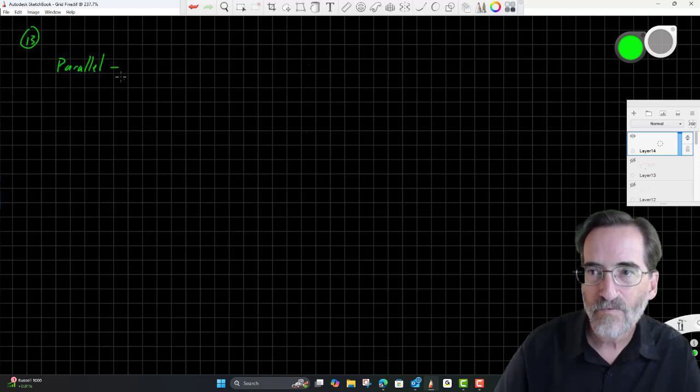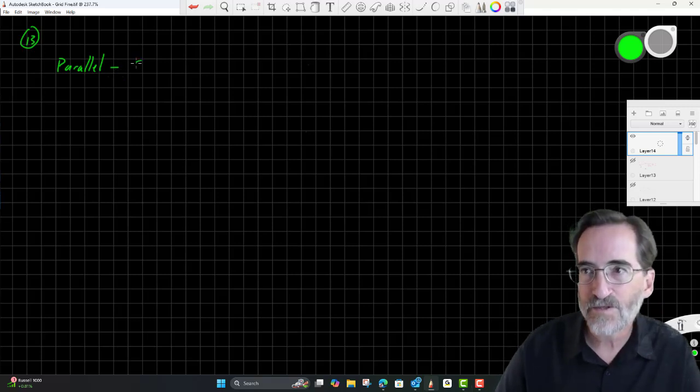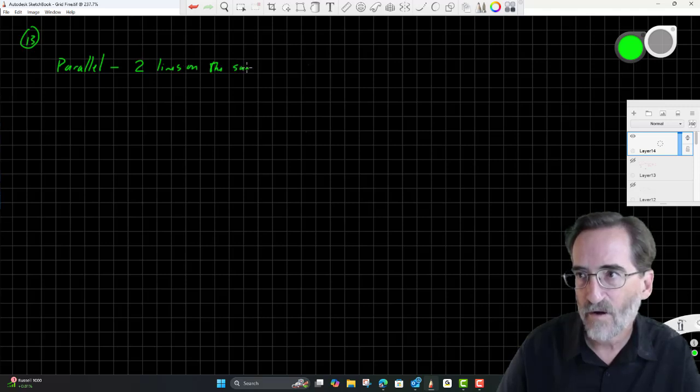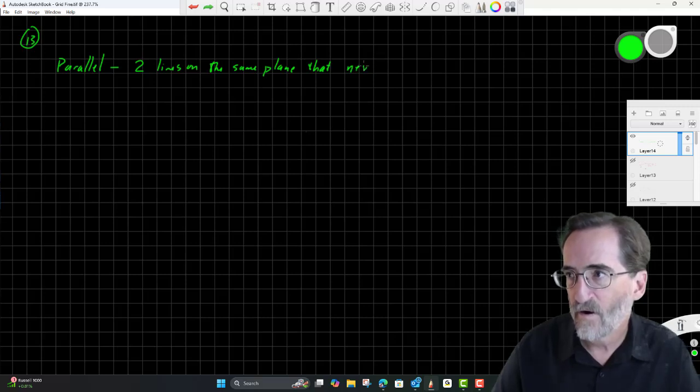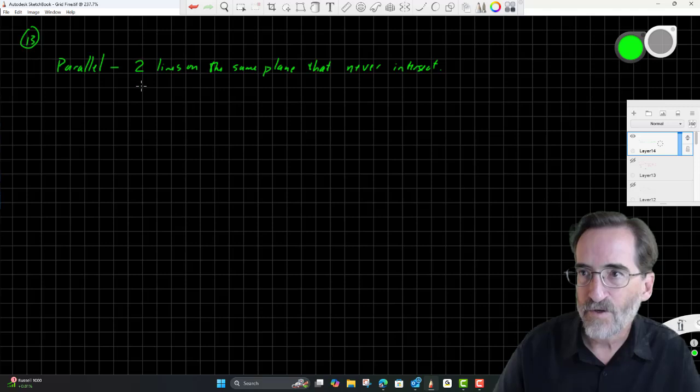Officially, in geometry, the definition is 2 lines on the same plane that never intersect. The lesson adds this to it. They remain the same distance apart.